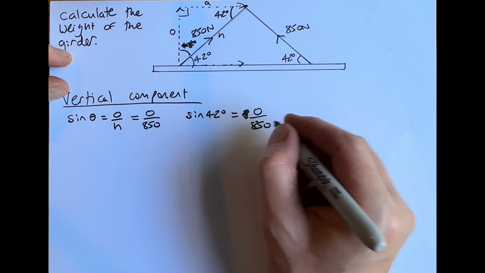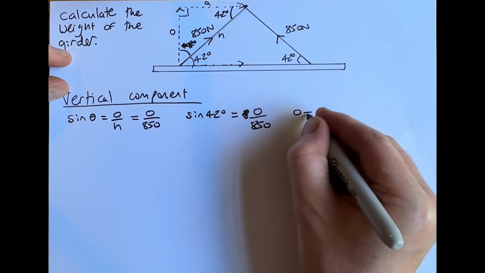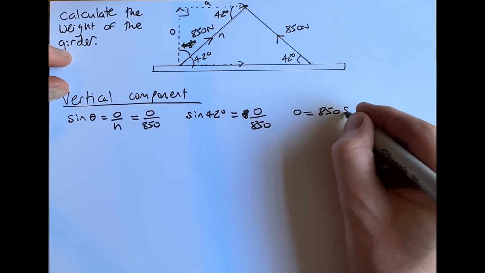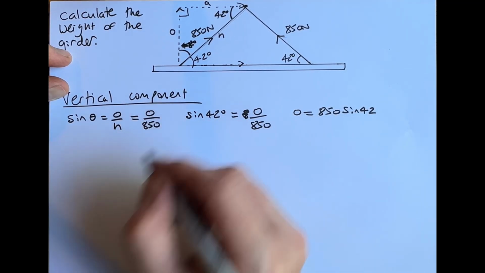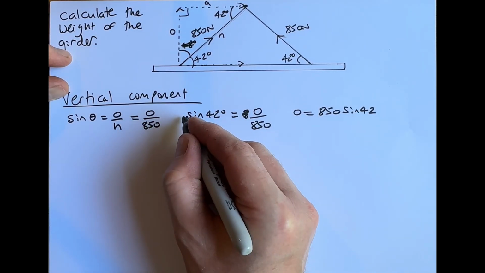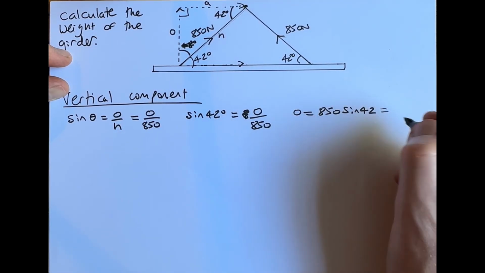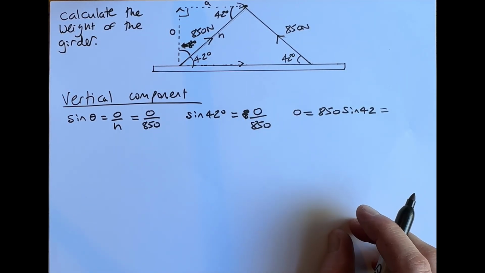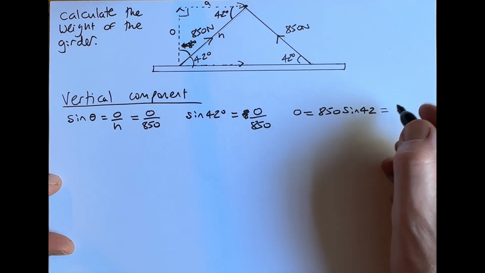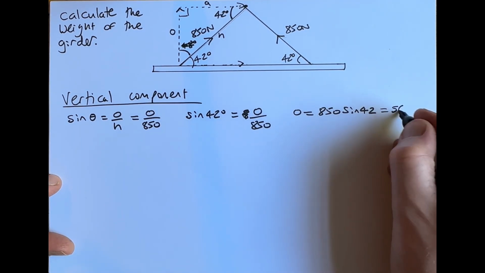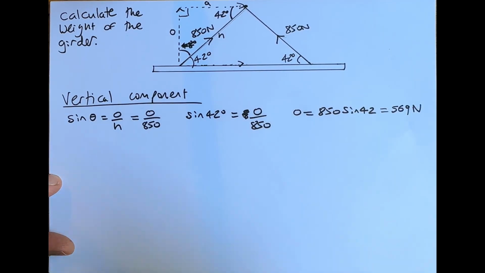The opposite is equal to 850 sine 42. I've just flipped the two sides round, and if it's a divide on this side, we bring it over this side and it becomes a times. That will give us our vertical component. If we put 850 sine 42 into the calculator, it gives us 569 newtons. So that's our vertical component.